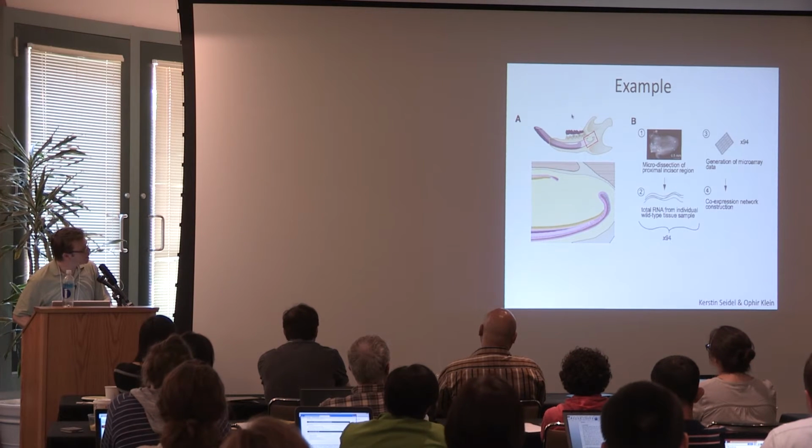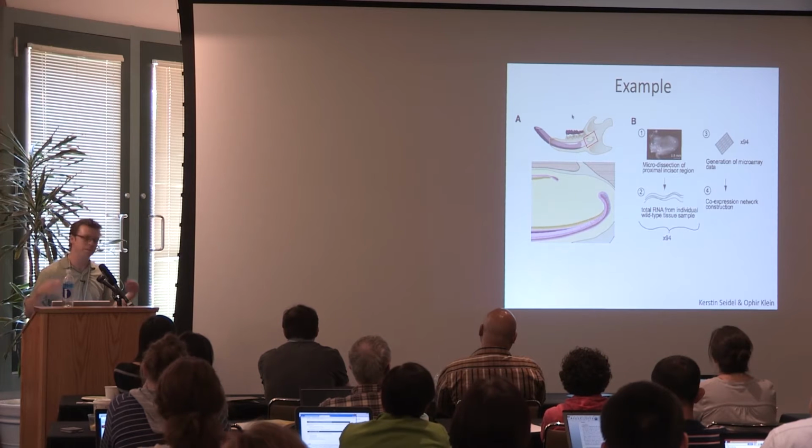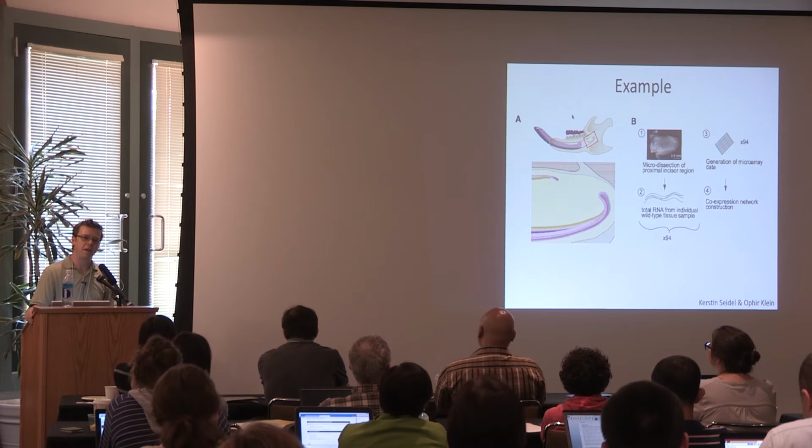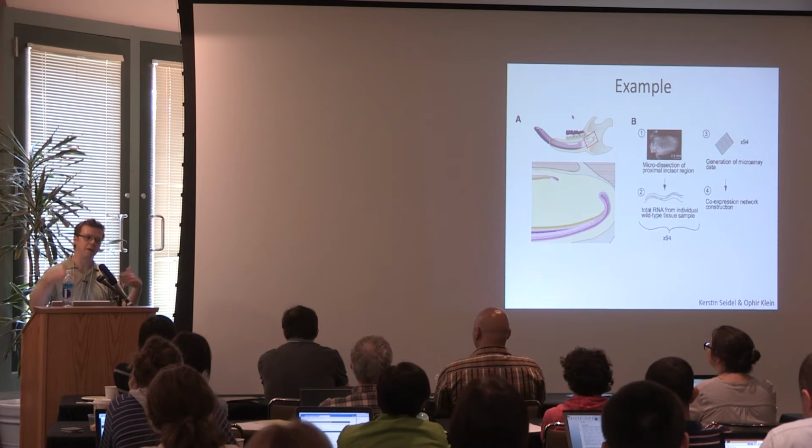And speaking with Ophir, he said, Mike, what should I do? This is a really poorly characterized system. And I said, well, if it were me, I would just want to get a handle on what the major biological sources of variation are if you were to generate a gene expression data set from this system.